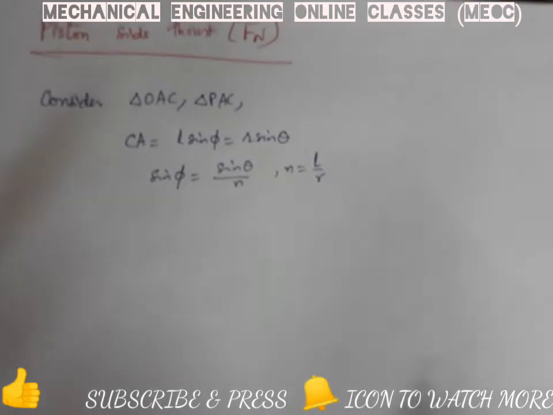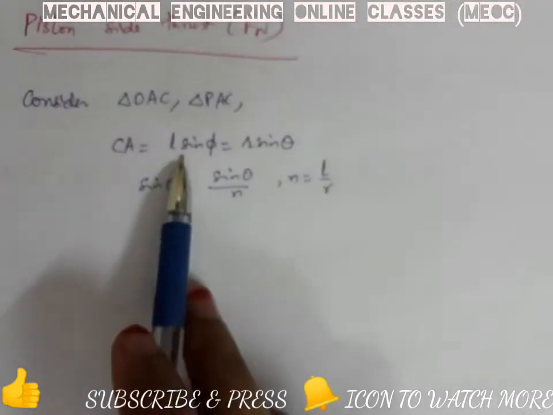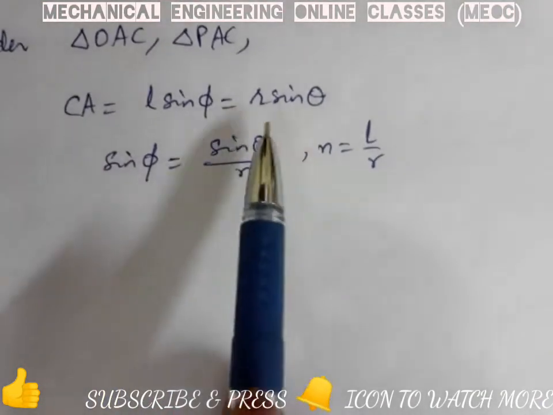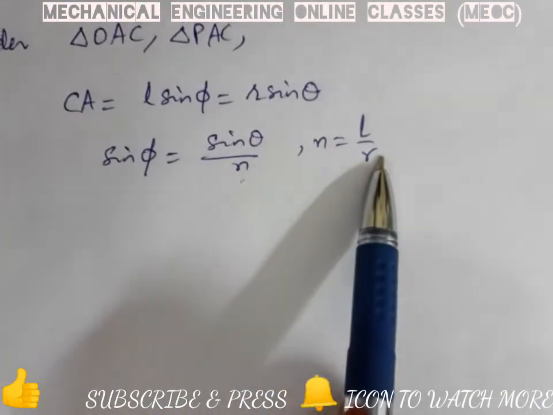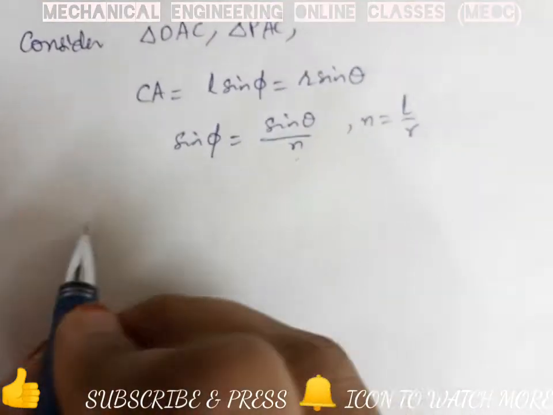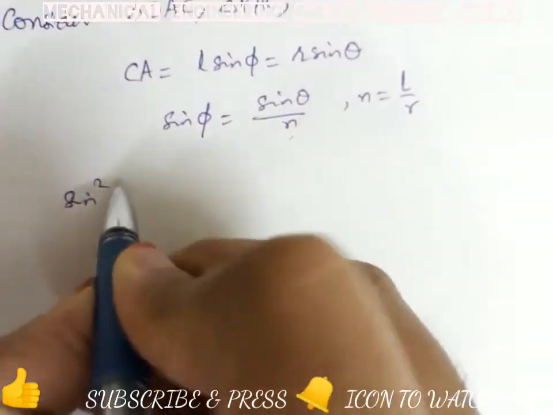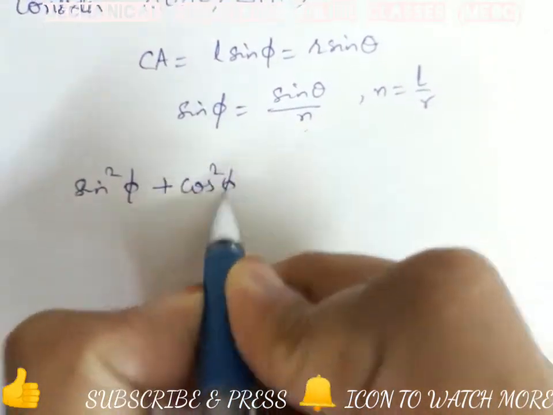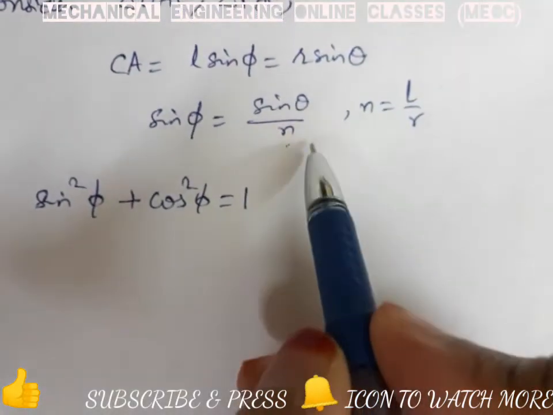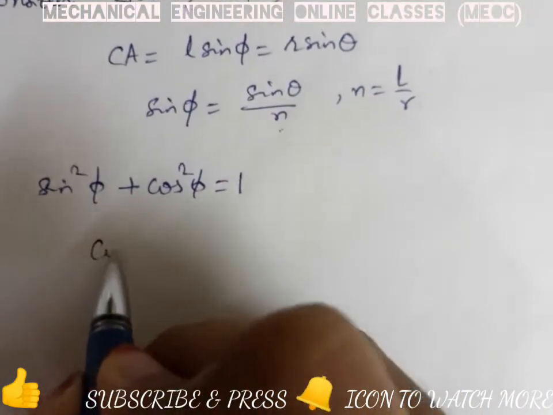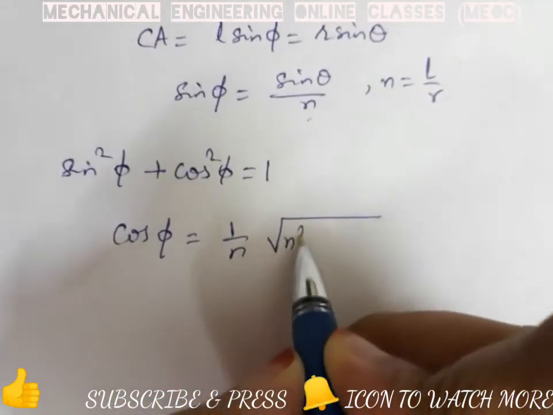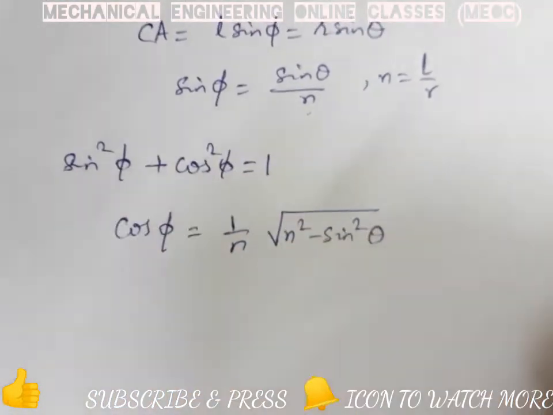So we have CA as L sine phi equal to R sine theta, from which we can write sine phi as sine theta by n. N is nothing but the obliquity ratio L by R. And as we know that sine square phi plus cos square phi is equal to 1, and we know sine phi in terms of sine theta and n, we can find cos phi as 1 by n root over n square minus sine square theta.